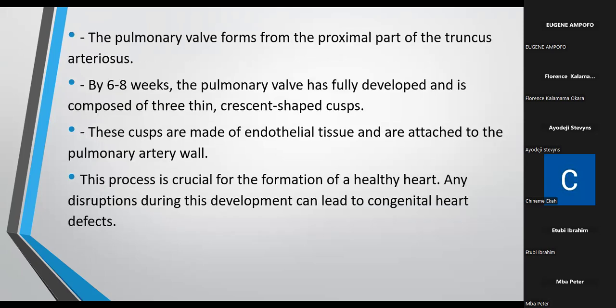The pulmonary valve forms from the proximal part of the truncus arteriosus, and by 6 to 8 weeks it has fully developed and is composed of three crescent-shaped cusps: the anterior, the right, and the left cusps. These cusps are made of endothelial tissue attached to the pulmonary artery.